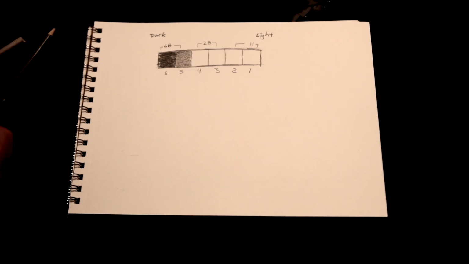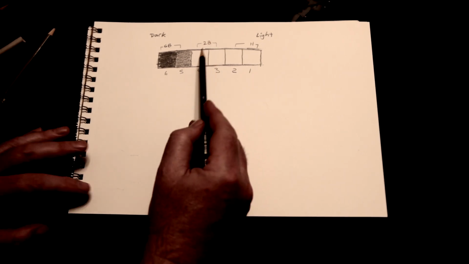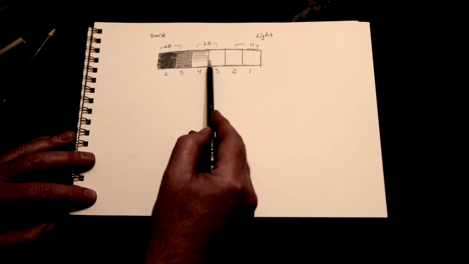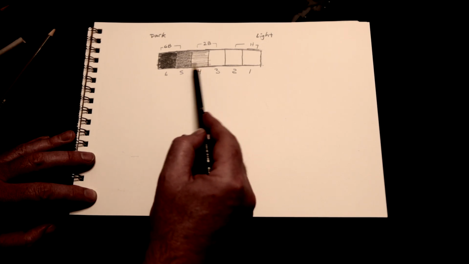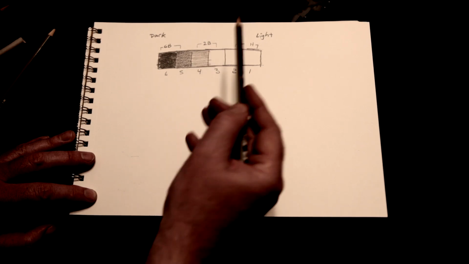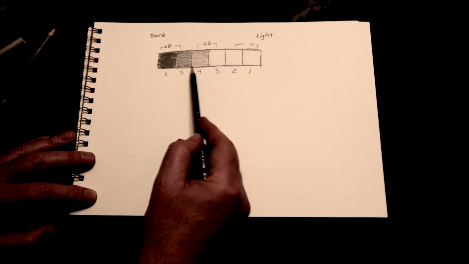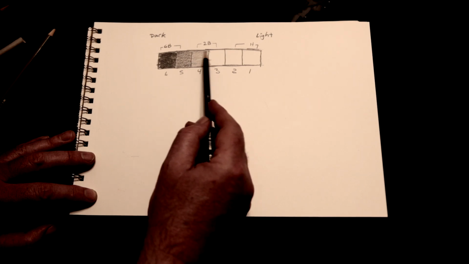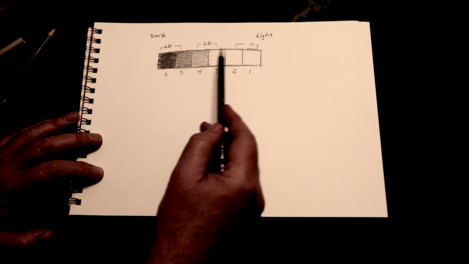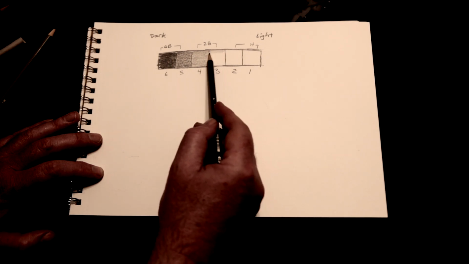So now I'm going to switch pencils. I'm going to go to the 2B, and I'm going to do the same thing. And the point of this exercise is to get you acquainted with the different pencils to see what you can do with them. It's also going to help you get used to using pressure and how much pressure to use. It's also going to help you gauge the different values between pencils.